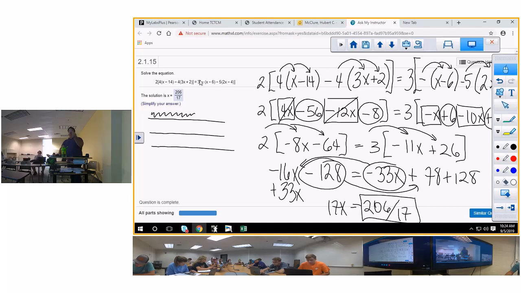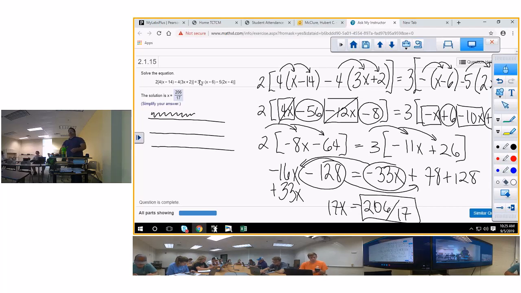If you start with decimals, you end with decimals. If you start with whole numbers, you end with whole numbers. Since 206 over 17 is not a whole number, I just left it that way because the rule follows to use a mixed number for a unit of measurement.